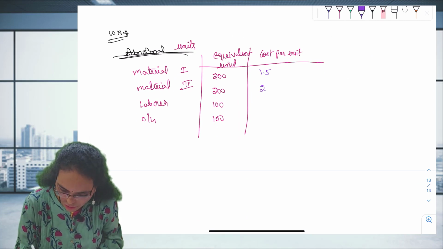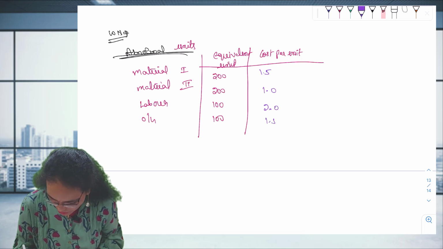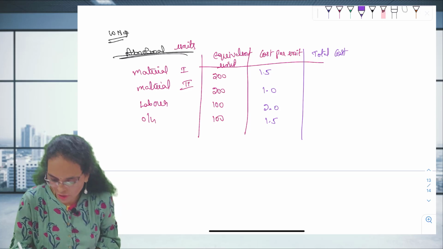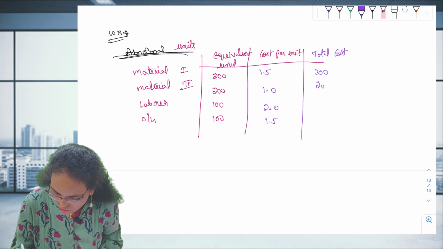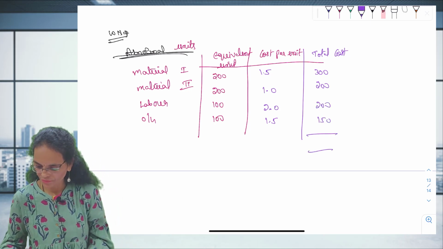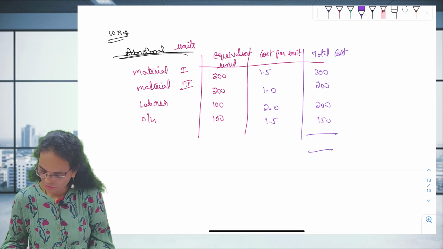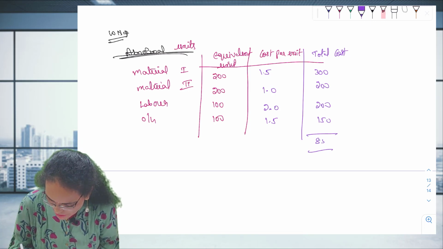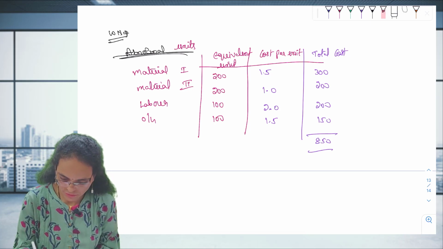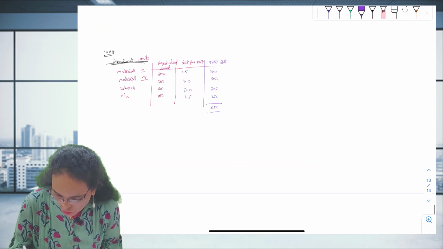So the total cost: 200 into 1.5 is nothing but 300, 200, 200, 150. That is 850 rupees, the value of the abnormal cost. Right. Next one, closing stock.